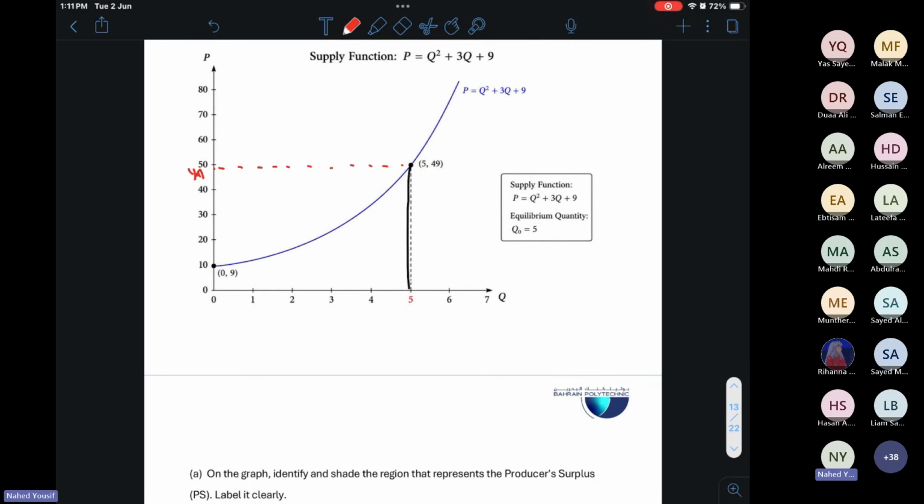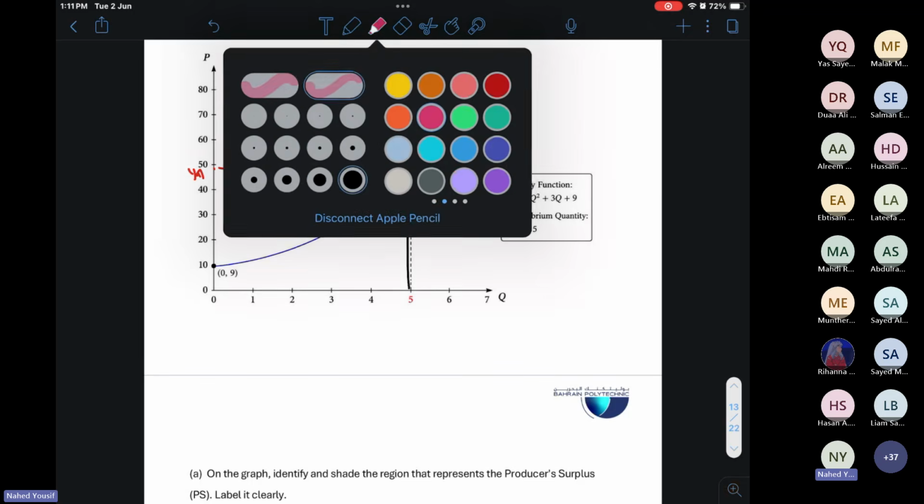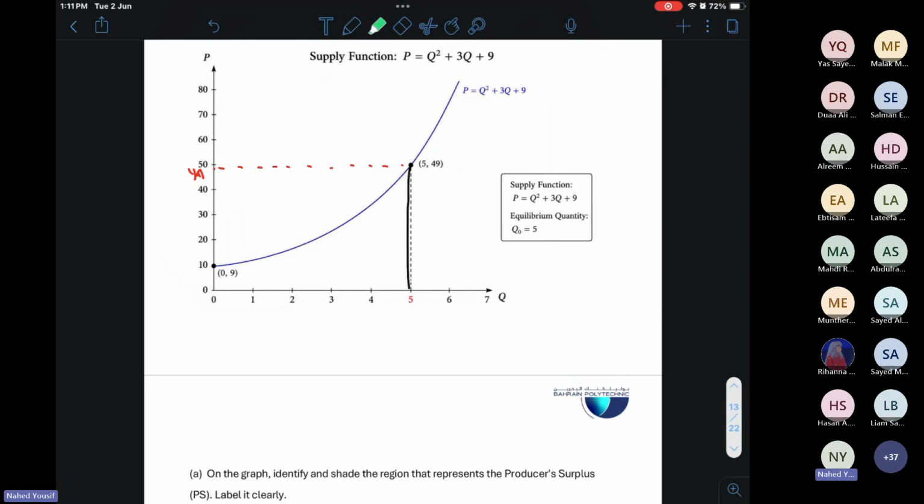And the producer surplus, the PS, let me clear it here. This will be the area of PS. In the exam, you have to draw the dashed red line at 49, and then explain where the producer surplus is.